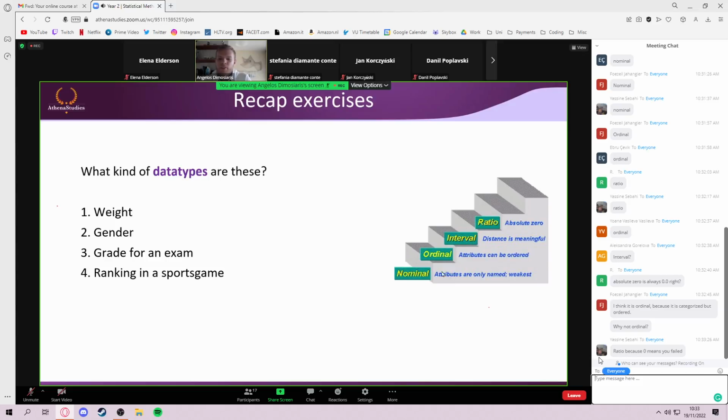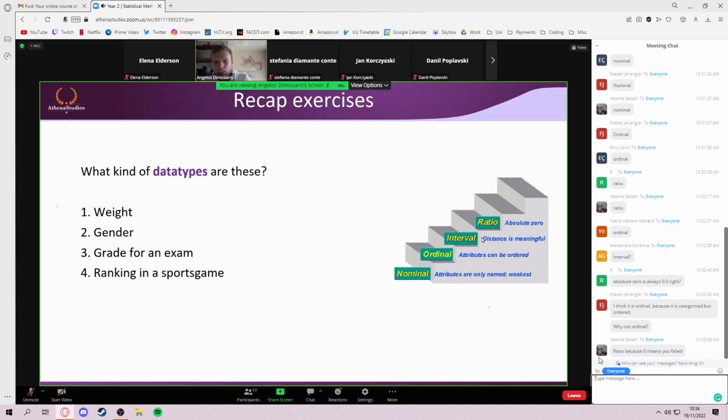So here under nominal, for example, we have this picture here, very low quality picture, but okay. So under nominal variables, you can see that attributes are only names. In ordinal variables, there's one step above, so now attributes can be ordered. In interval, we have one step above, distance is meaningful. In the ratio, we have one step above, absolute zero.